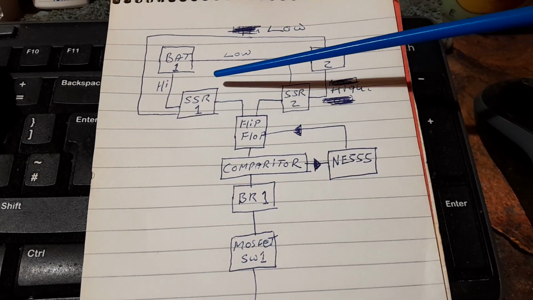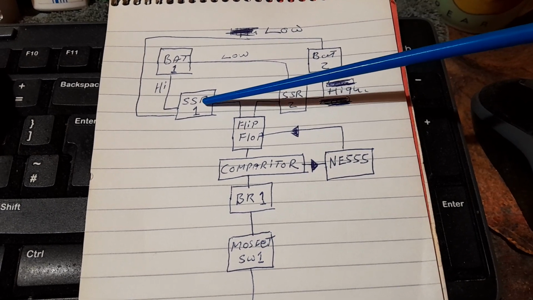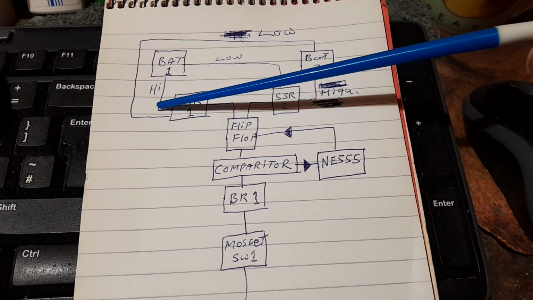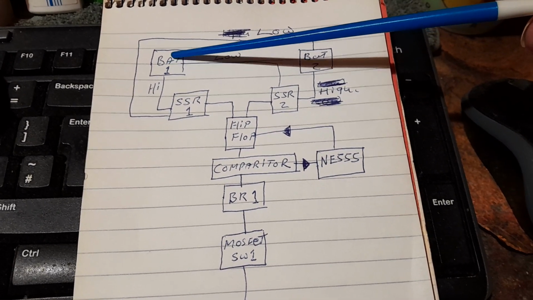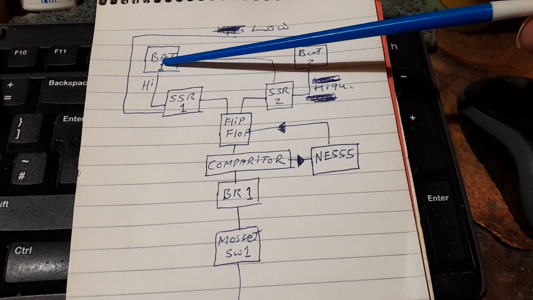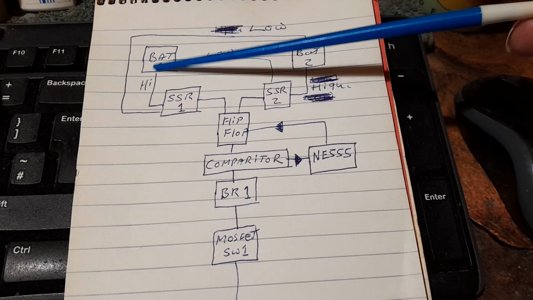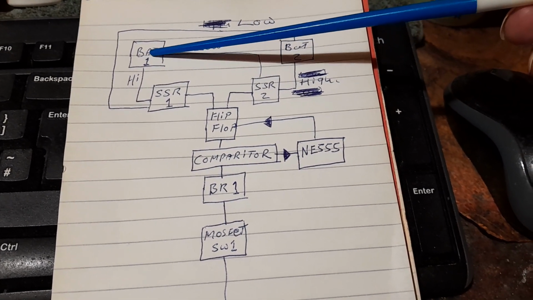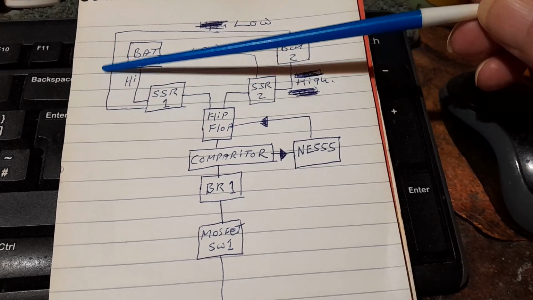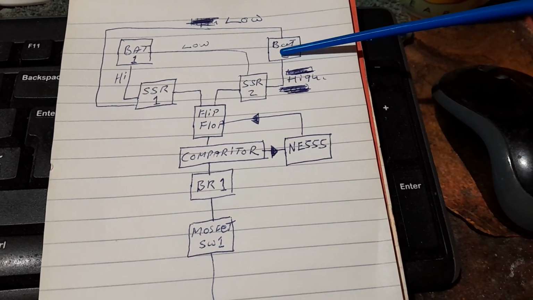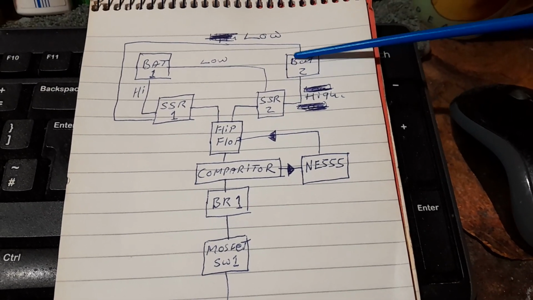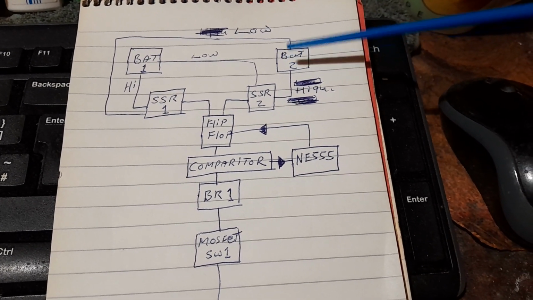Right, so when solid state relay 1 is active, it's connecting one battery array as series, which is the high output, which is why I put high there, and it's configuring the other battery array as parallel, so that these batteries are in parallel.